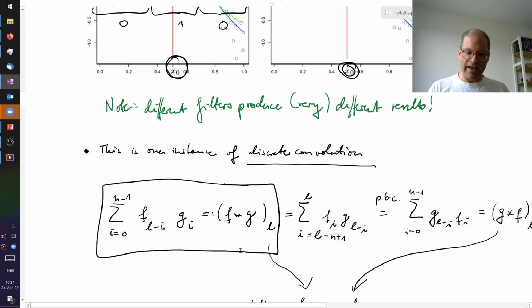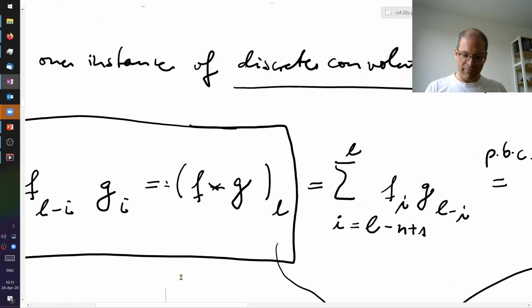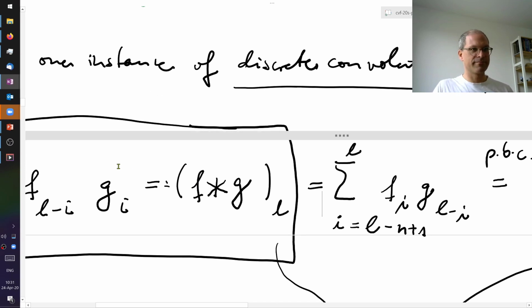And if I had a nice handwriting, the symbol that's used here would look like that. Let me try again. All right, so that's the shorthand for convolution.